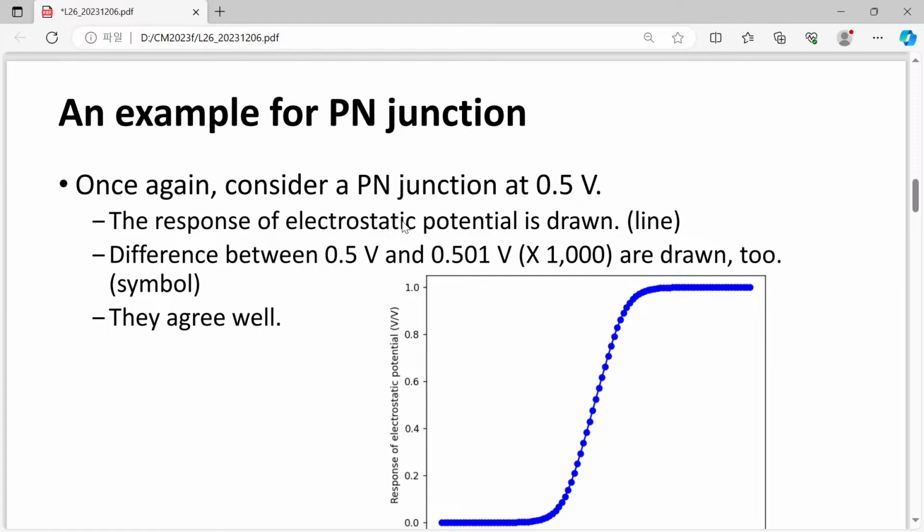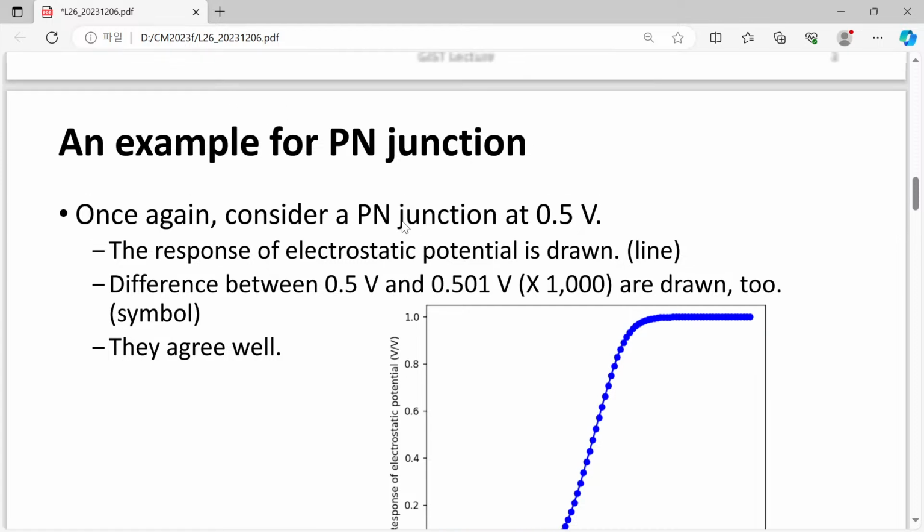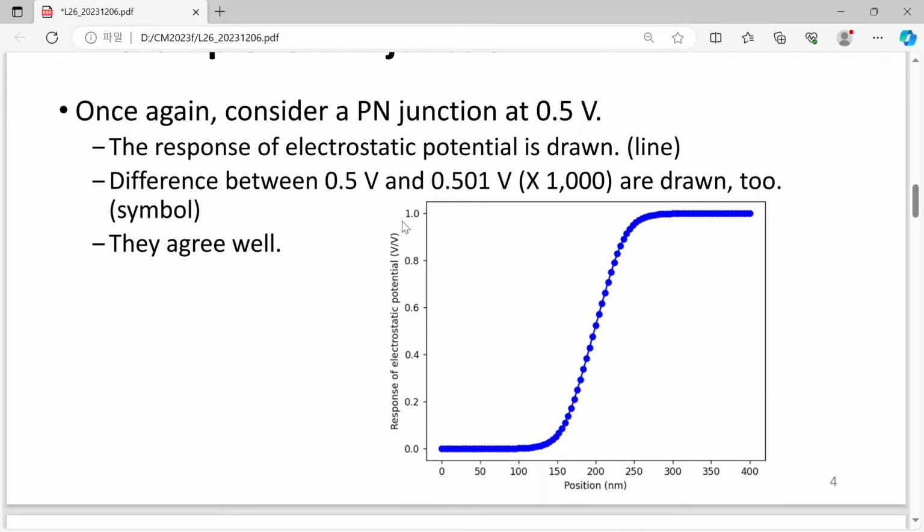So now let's have a look at an example of a PN junction. Once again, we consider a PN junction which is biased at 0.5 volt. Then this graph just shows the response of electrostatic potential. So I mean that we are just drawing delta phi as a function of position.